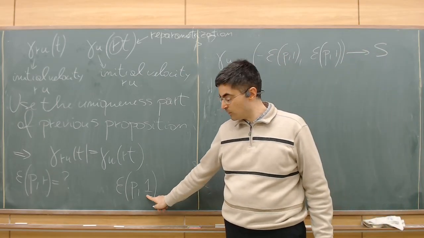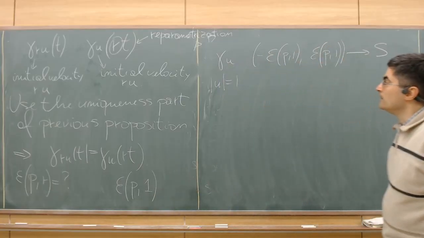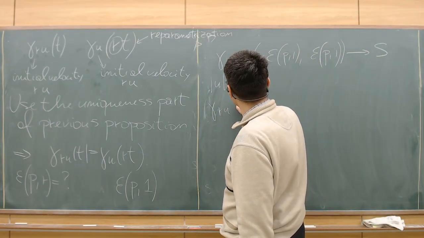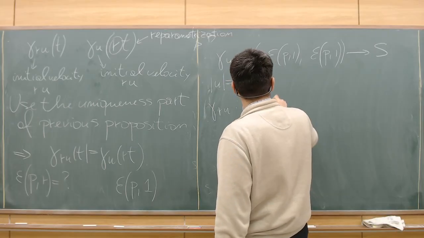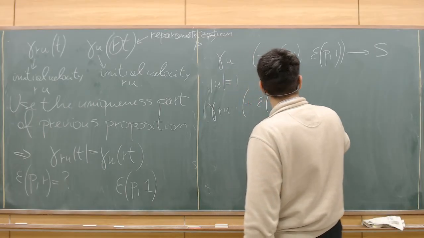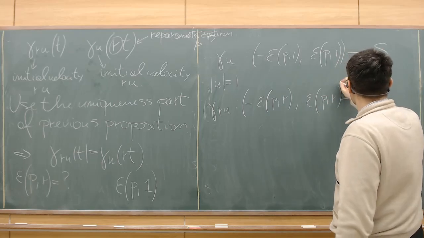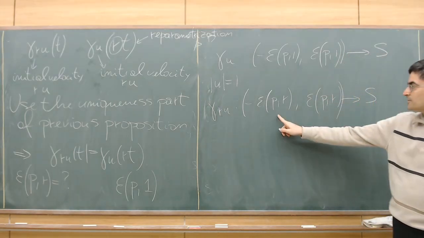This is why there is a 1 here. Instead, gamma RU is defined on this other interval.